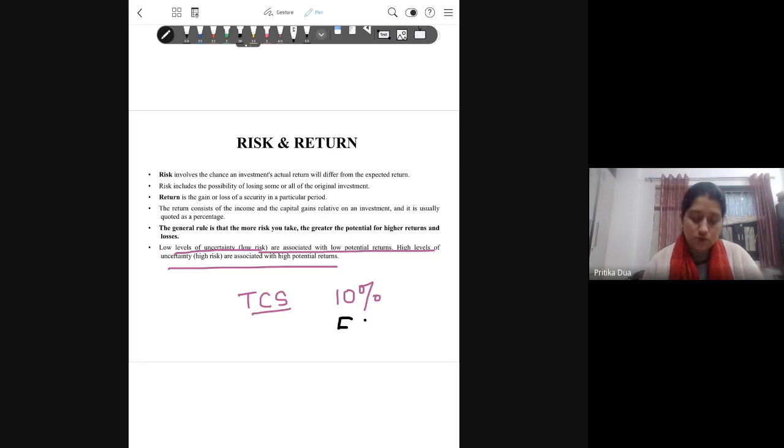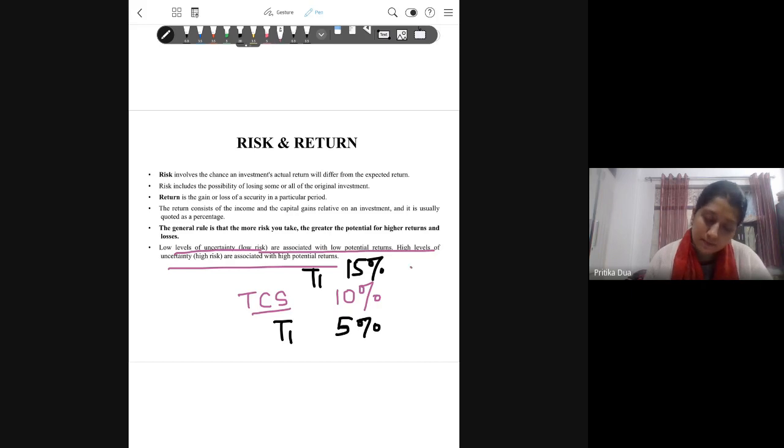This is one option. The other option is that at the end of the year, this investment fetches me 15% return. Now, there is a difference between the expected return and actual return, and it is both ways, on the positive side also and the negative side also. Both these situations are risk.